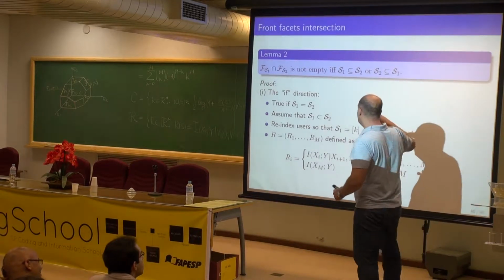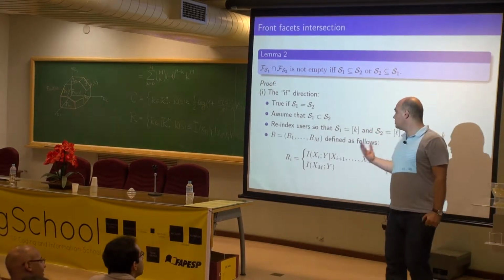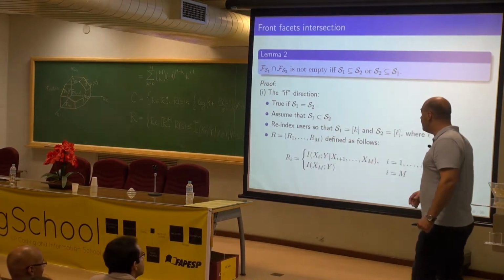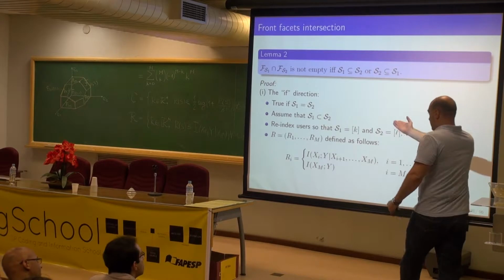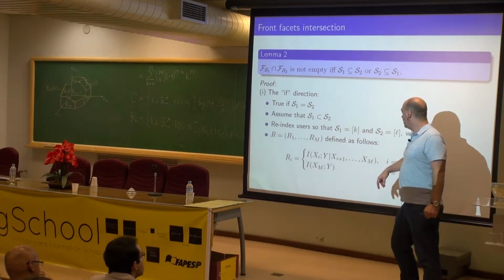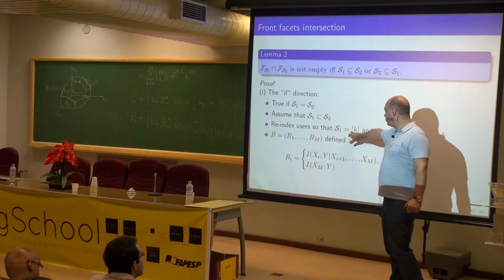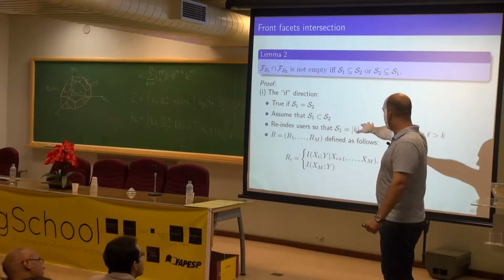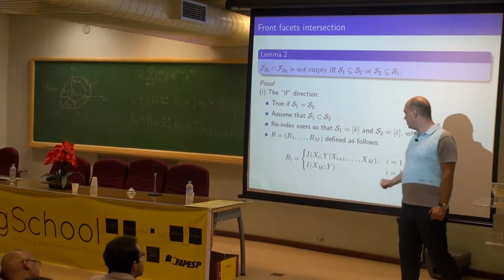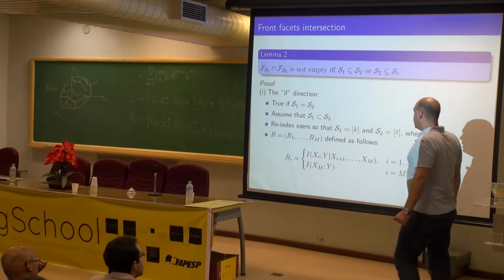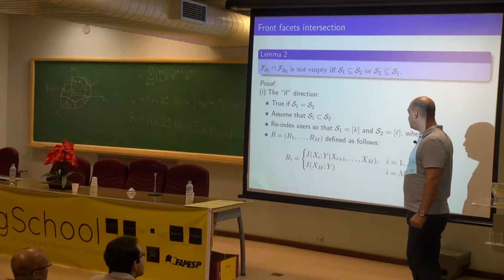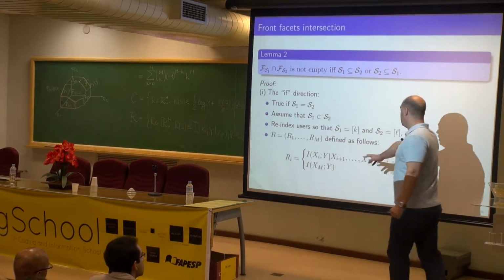So we can reindex the users. We assume first that S1 is the smaller one, a subset of S2. So we can reindex the users such that S1 is all the users from 1 to k. So S1 has k elements, and S2 has L elements. Obviously, L has to be larger than k because we assume that. And then this rate could be defined like this.